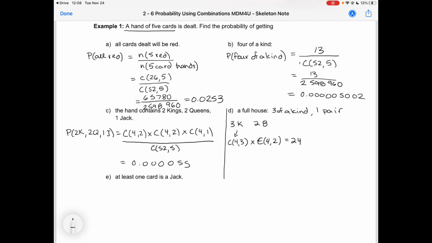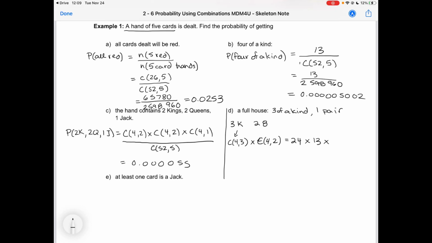Now we need to multiply by getting that for all the different ranks. So we're going to multiply by 13 first, because once we choose our 3 of a kind, we've got 13 cards that we can choose from.